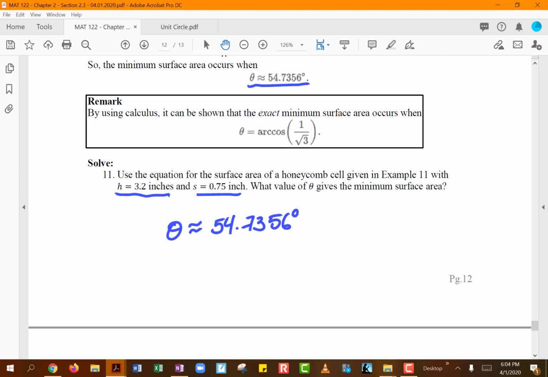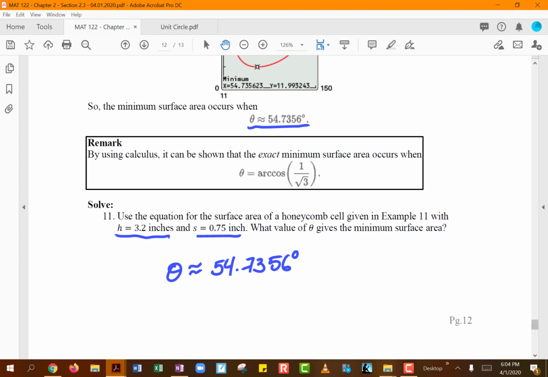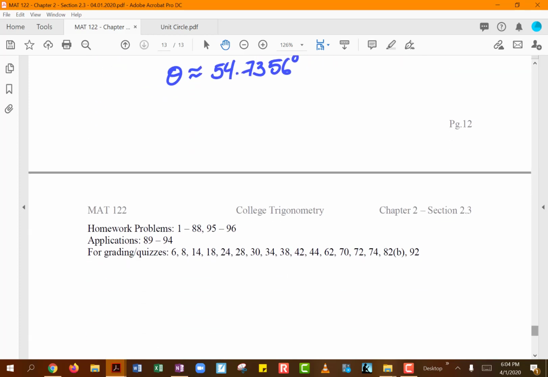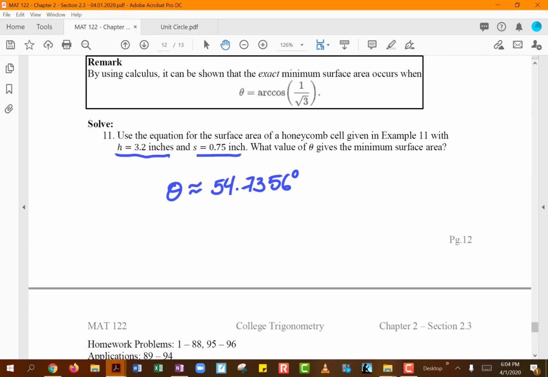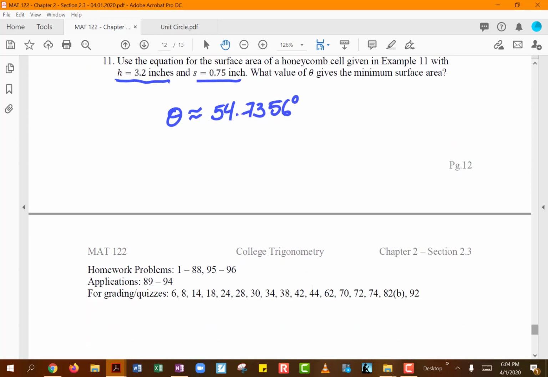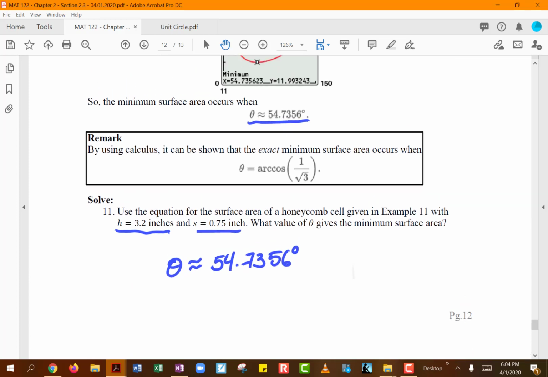So you don't really see a difference between the answer we got from our example 11 to problem number 11. We still ended up getting the same approximate answer. So that's going to be the angle, which will give us the minimum surface area for this honeycomb cell. So I just kind of wanted to show you that even though we will not be doing that example for our exams, I just wanted you to have an idea for this.